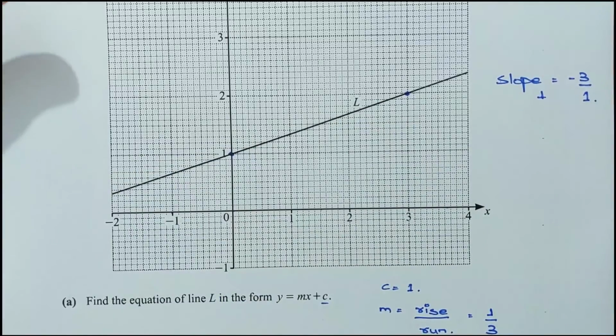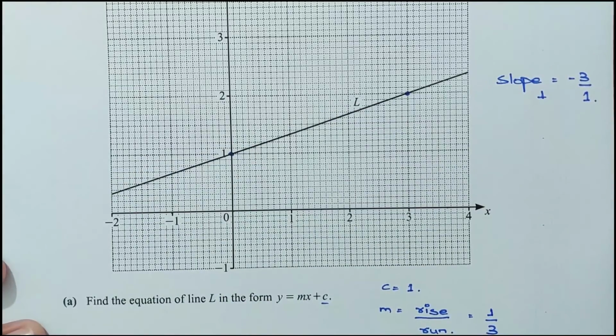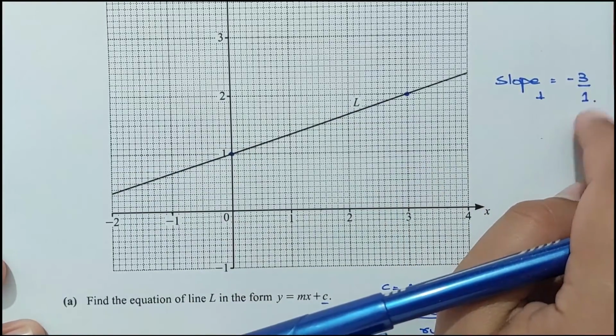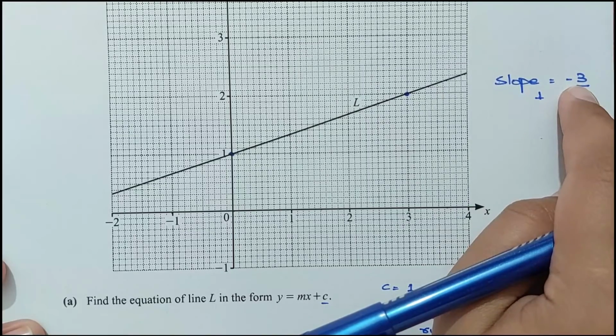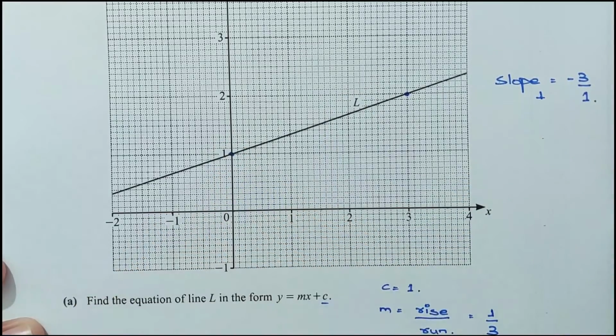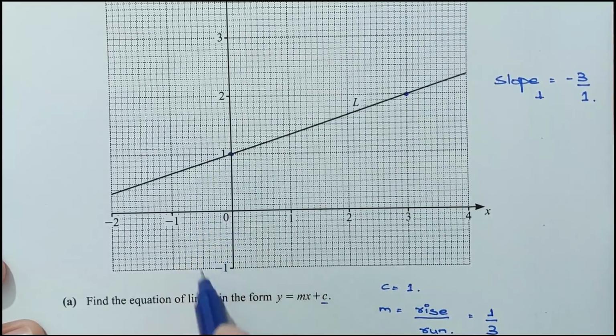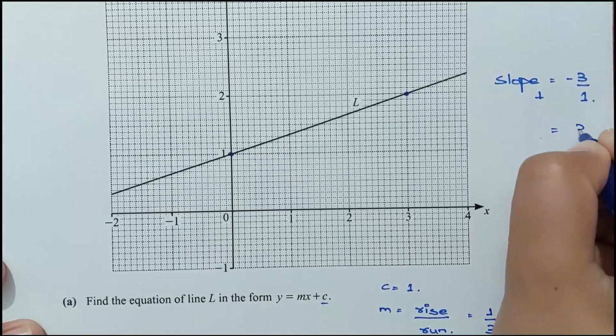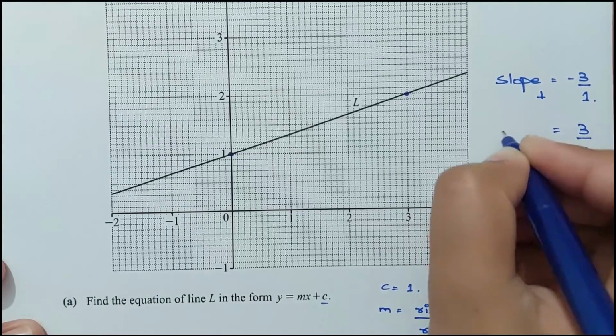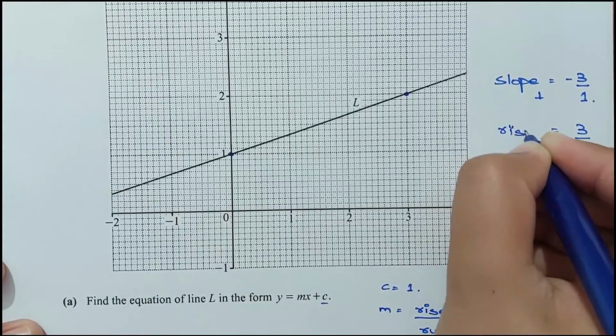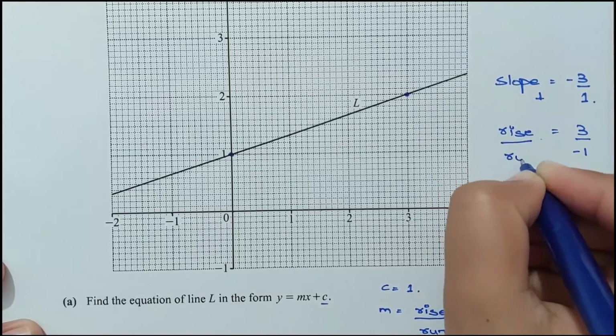The rise is negative 3, so we have to go downward. Or I can use 3 over negative 1: the rise is 3 and the run is negative 1.